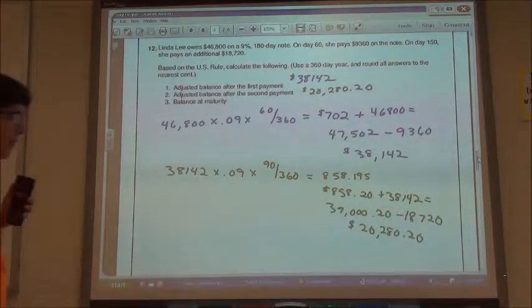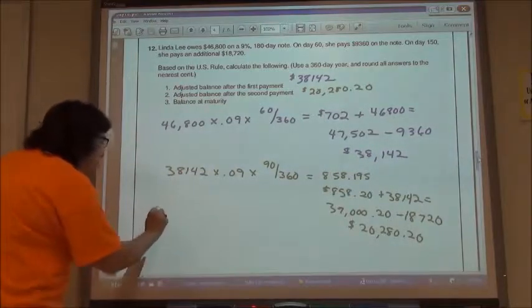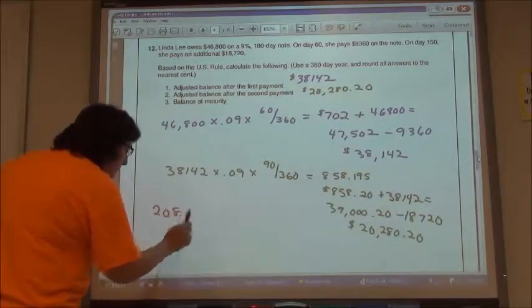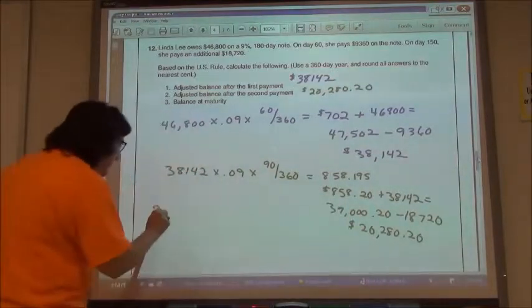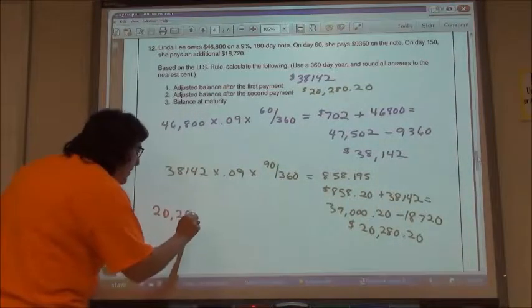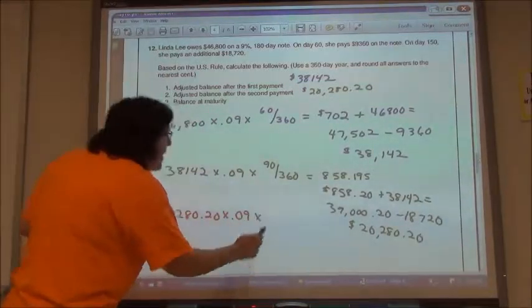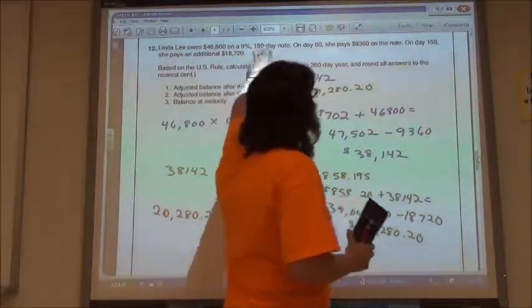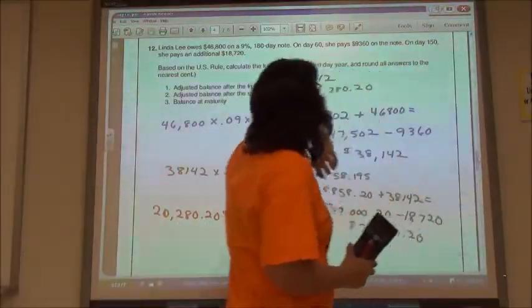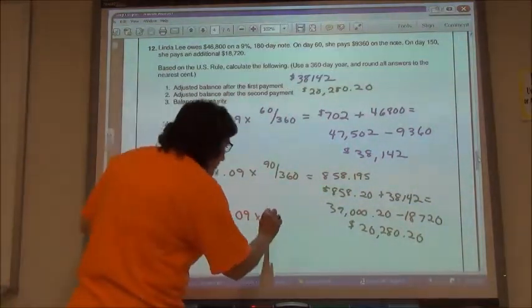Then I want to find what my final payment is, my balance at maturity. I'm going to take the $20,280.20 times my 9%, and I have to figure out how many days are left on my note. It was a 180-day note. I made my second payment at day 150, so I still have 30 days left on my note.